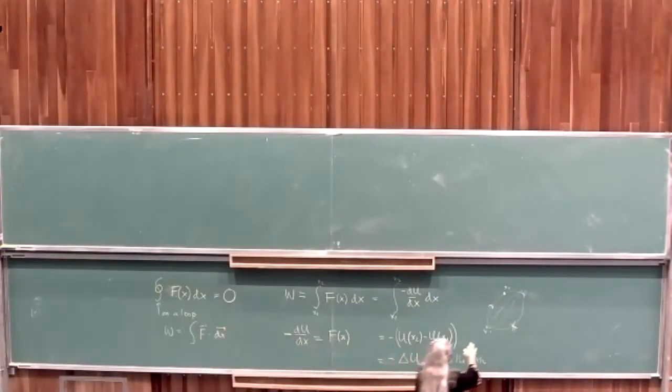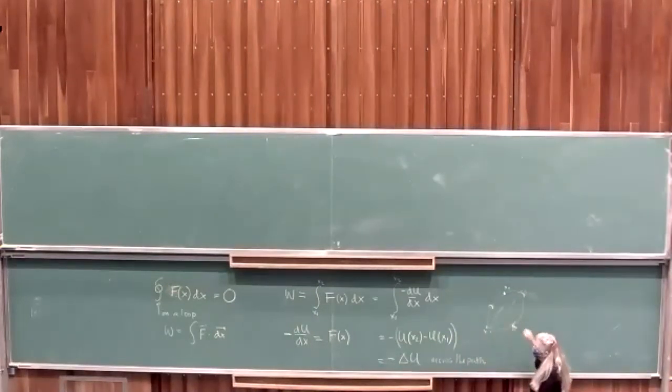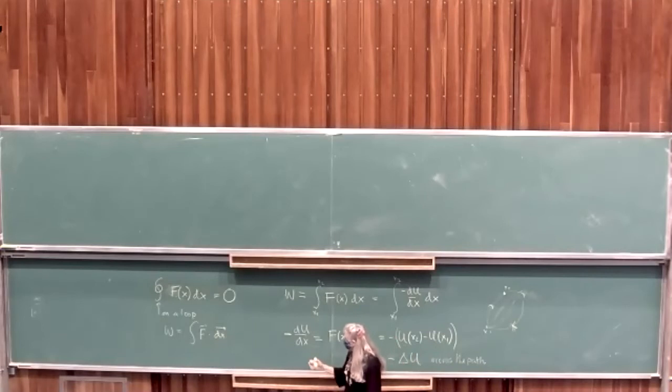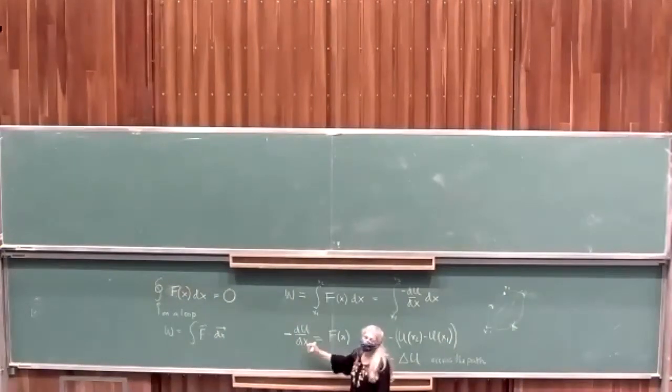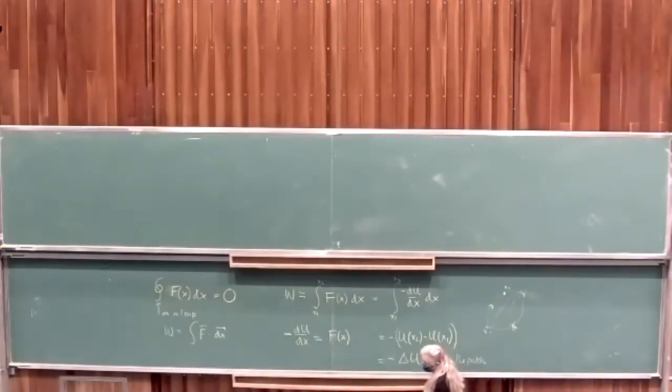You can think about it in 2 dimensions. Once I'm in 2 or 3 dimensions, I can't always find a function such that the gradient gives the force. What do I mean by the gradient in 3 dimensions, or 2 dimensions?